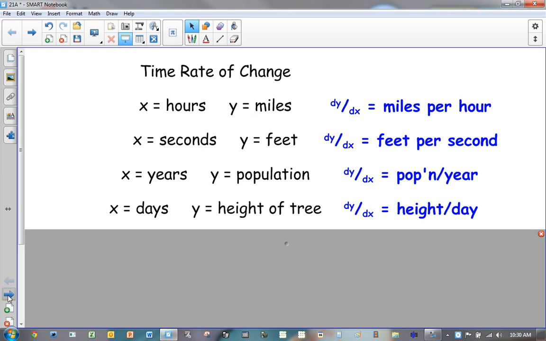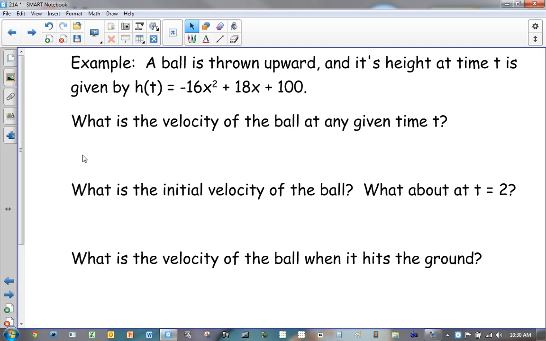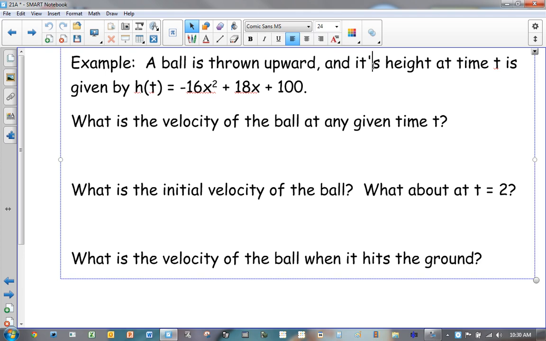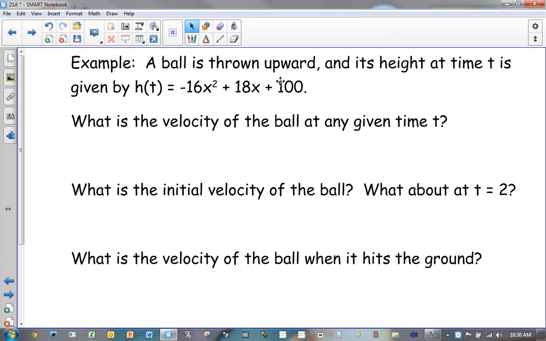Okay, so let's look at an example of that. Let's say there is a ball that is thrown upward and its height at time t is given by h of t equals negative 16t squared plus 18t plus 100. That's a nice parabola, showing the position of the ball at any given time, or the height of the ball at any given time.